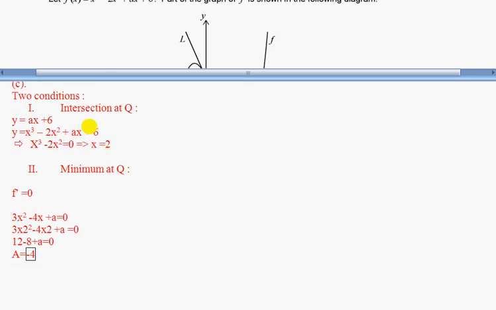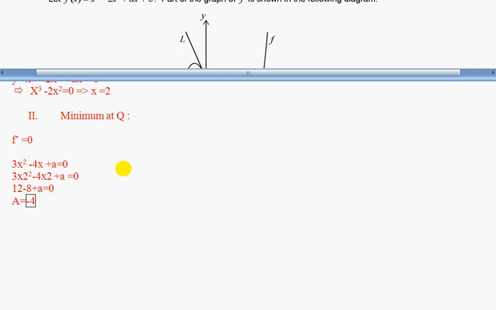First condition, the two lines, tangent and function, intersect at Q. It means that y equals ax plus 6 and y equals our function. So we simplify, we get x equals 2. We don't take x equals 0 because we know that it is not a minimum, it is an inflection.